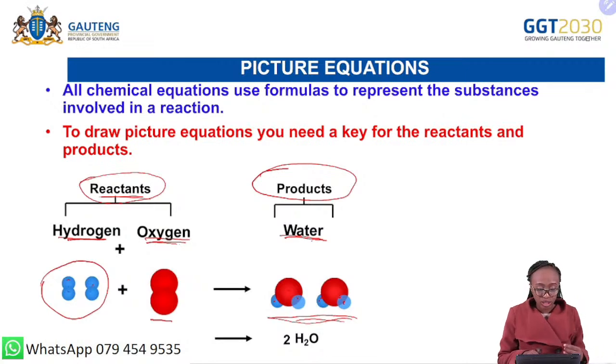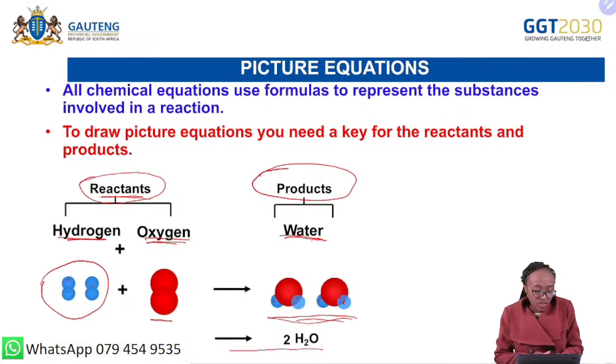If we're going to be reading this equation, we're reading it as hydrogen reacts with oxygen to produce water. Hydrogen and oxygen react to produce water. And then at the bottom there, I've just added the symbolic equation, just to remind you guys.